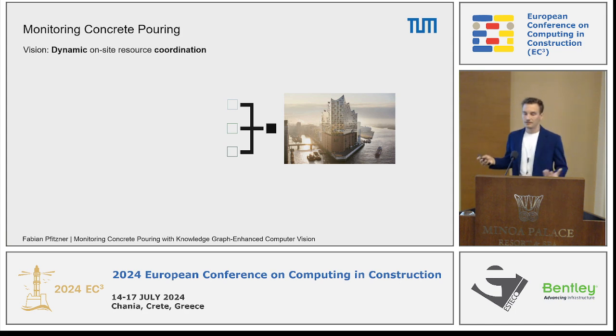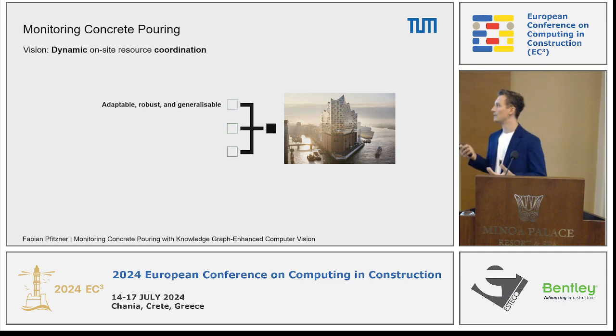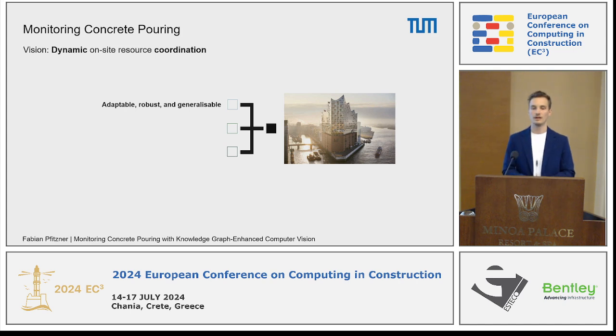So we believe that dynamic on-site resource coordination is possible in future. However, we think that three key aspects are necessary to achieve this. First of all, as I already was telling, we need an adaptable, robust, and generalizable method to be able to transfer this monitoring method to many different construction environments.